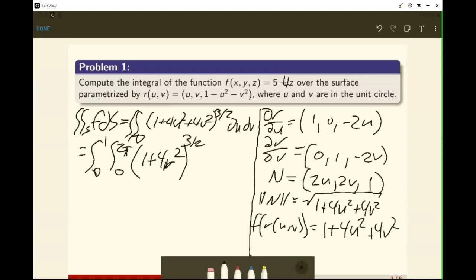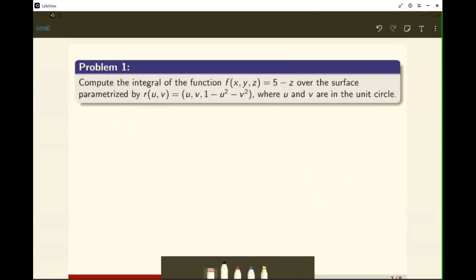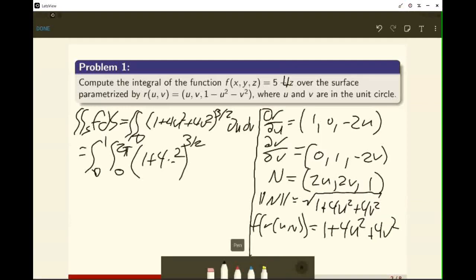Here this notation is not the greatest, because we had called r our parametrization function, and here I'm using it for the radius in polar coordinates. It'll be okay. And then we need our area element here, which is r d theta dr.